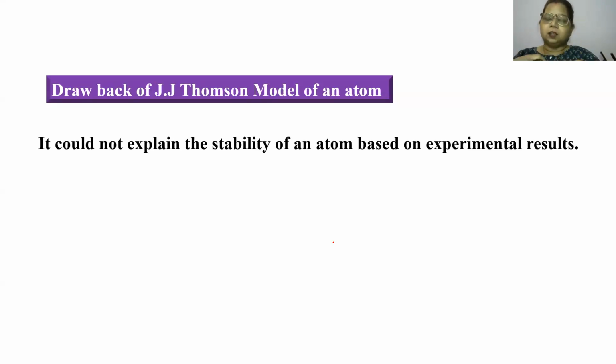Why are you not continuing with it? So the experiments which were conducted at that time could not be explained by it, right? Assuming there is a sphere of positive charge and electrons are embedded into it, if you assume it to be true, it must be tested against certain experiments.